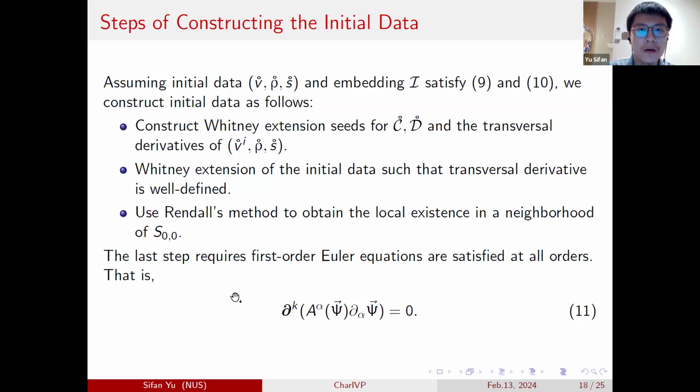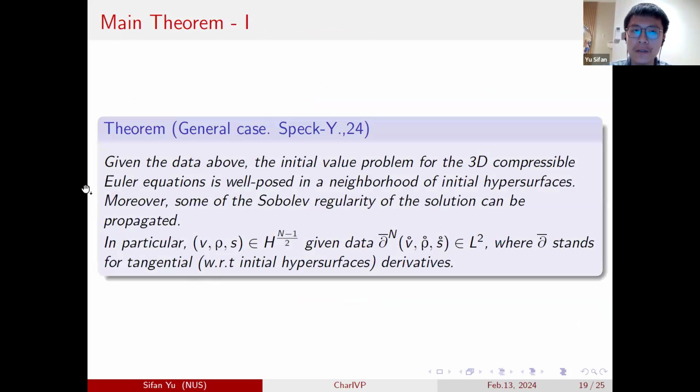Nice. All right. So once I have constructed my initial data, what can I do about that? Roughly speaking, I can derive a local well-posedness result in a neighborhood of the initial hypersurface.